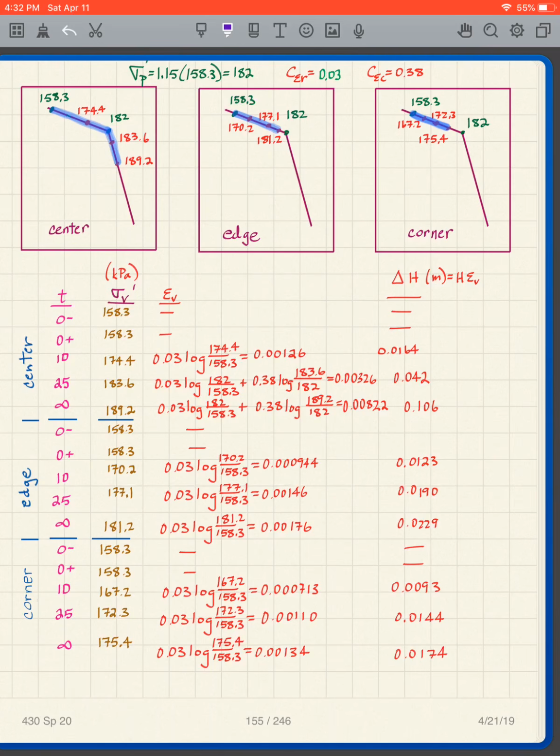So once we have them, we can calculate our epsilon v. For the first one, I'm only going from there to there, so I only do 0.03 log 174.4 over 158.3.